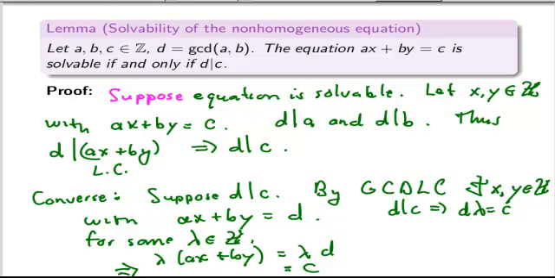And on the left-hand side, I'll just rewrite it as a times lambda x plus b times lambda y. And that gives us the desired linear combination. So we have a solution to the equation with c on the right-hand side. And notice that lambda x and lambda y are both integers. So we have an integer solution.